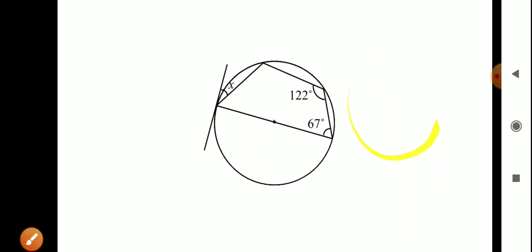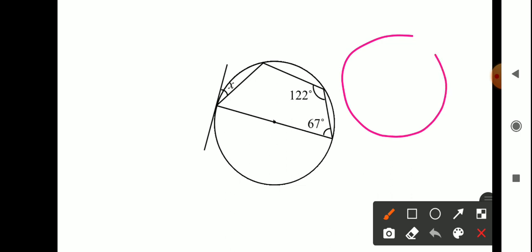If you have a circle and you draw a cyclic quadrilateral inside, then you can say this plus this is 180. So here it is 58, because 180 minus 122 is 58.